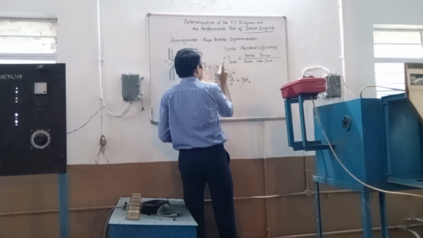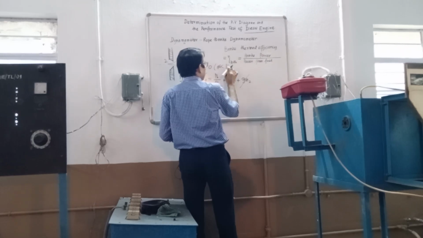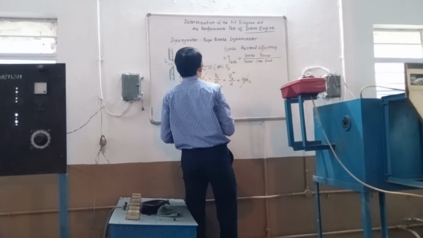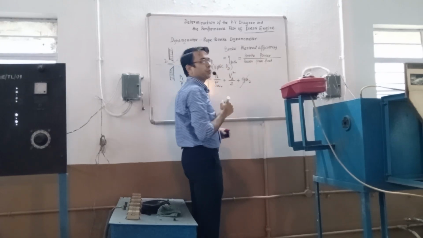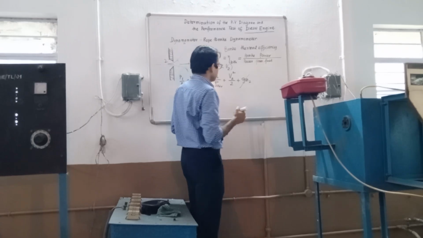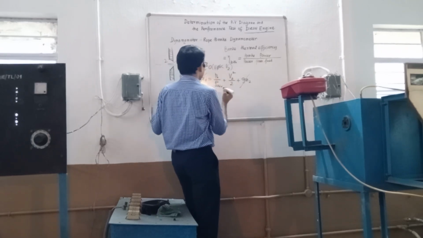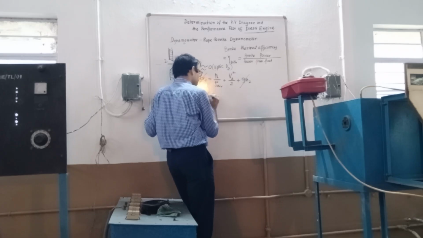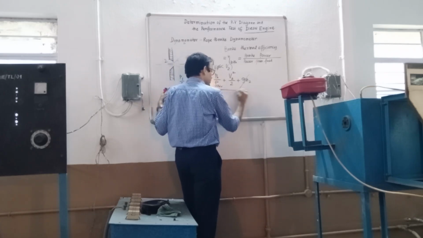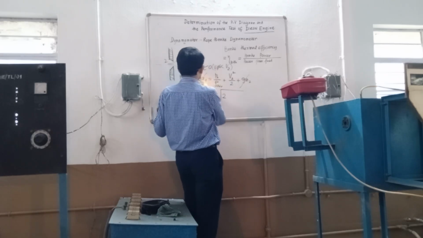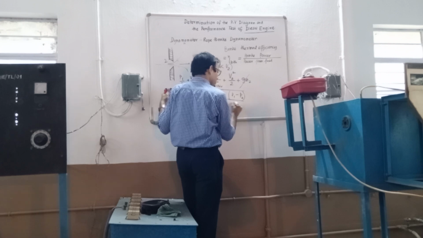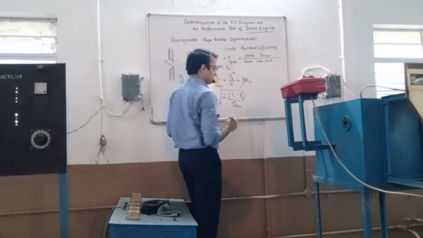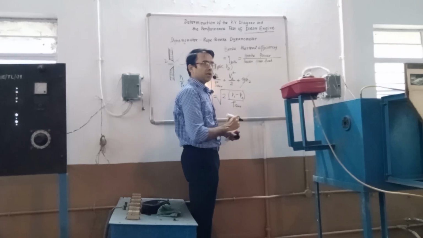So we can neglect it. Therefore, we can write that V2 is equal to under root 2 times P1 minus P2 by rho air.